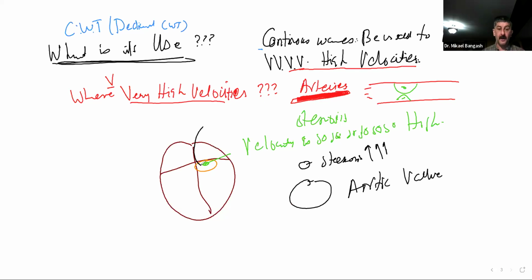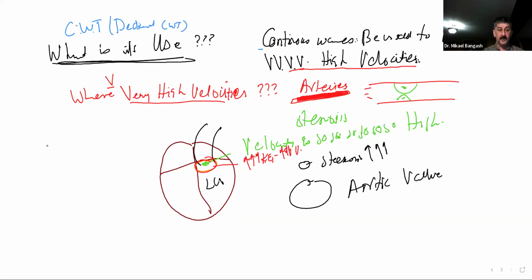Because as blood is being pushed by the left ventricle through the aortic valve, even if that, for instance, was fully opened, this is mainly going to be where we will have the highest kinetic energy, which is just because it's very high velocity.